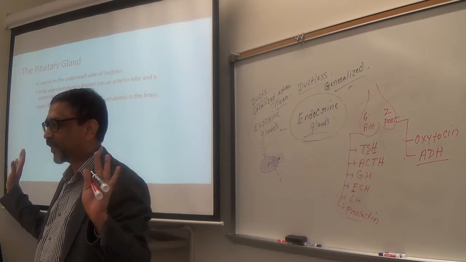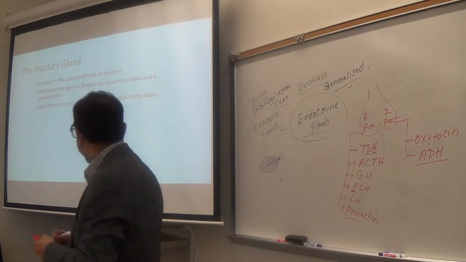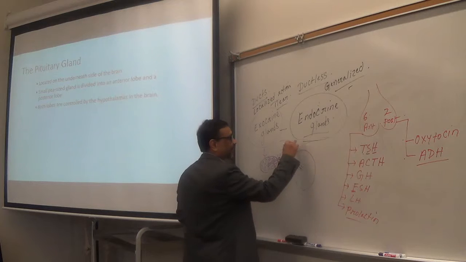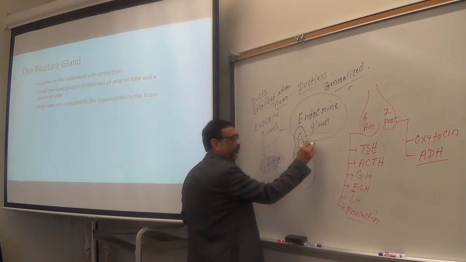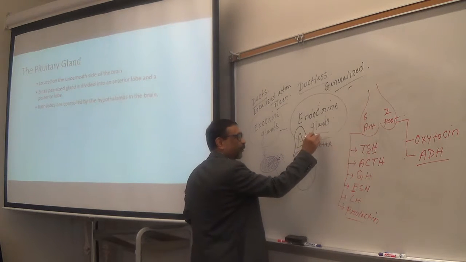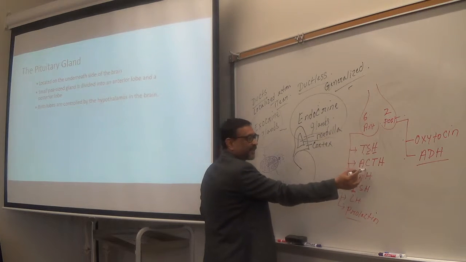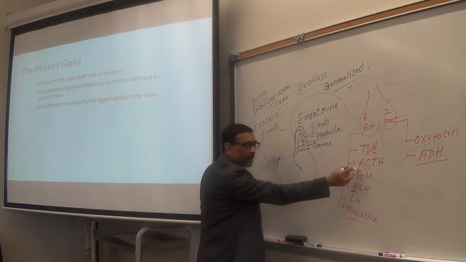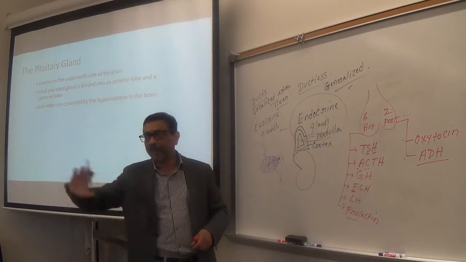Why is it called adrenocortico? If you cut the adrenal gland, it has 2 parts. The outer part is the cortex and the inner part is the medulla. ACTH works on the cortex, not the medulla. That's why it is called adrenocortico.